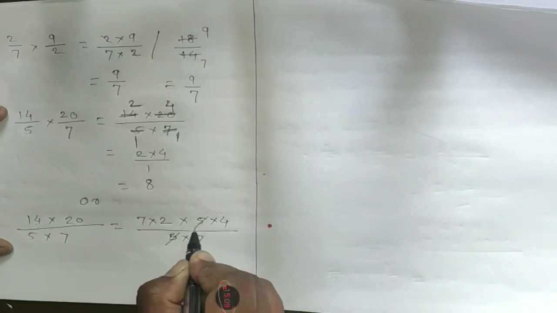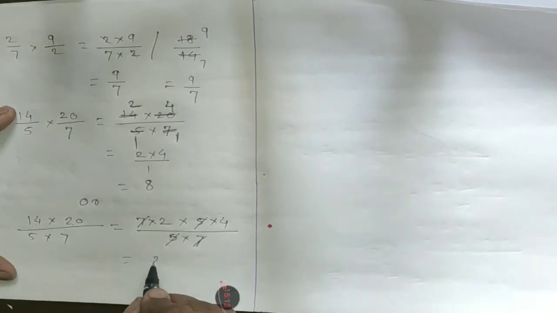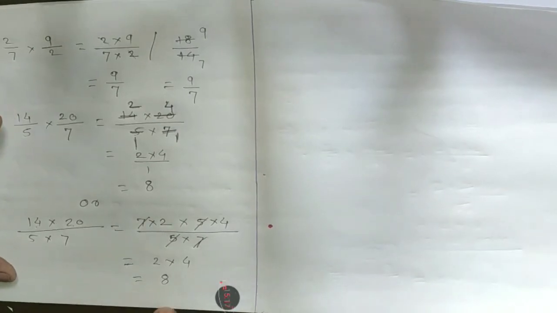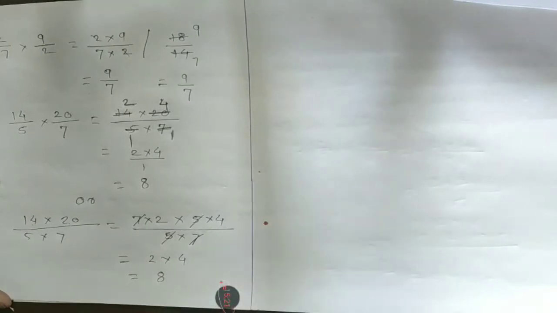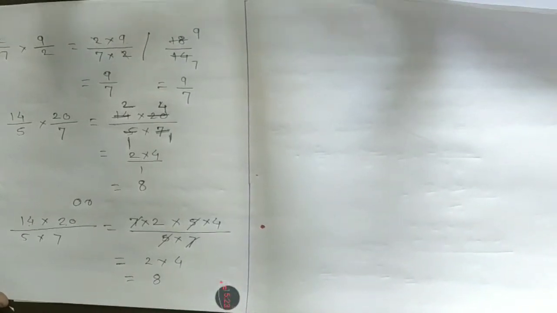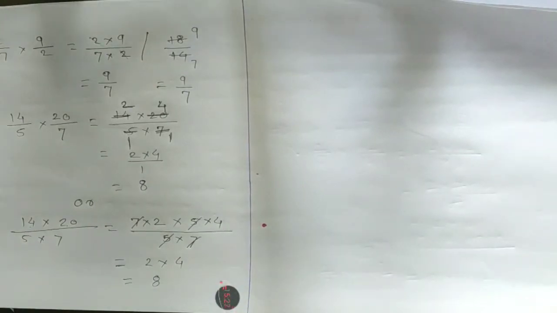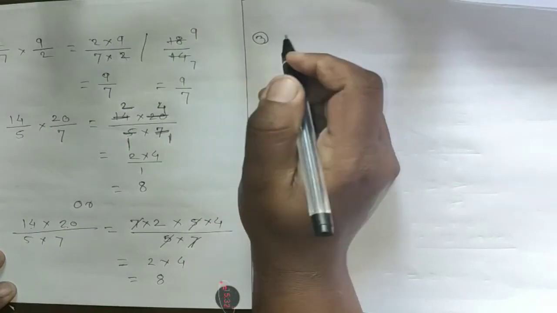So 5 gets cancelled with 5, 7 gets cancelled with 7, and you will get 2 into 4, and 2 into 4 is 8. You can solve it in any method you choose. So this is the second example we solved. You have to solve these examples also in your notebook. Now we will see the third example.